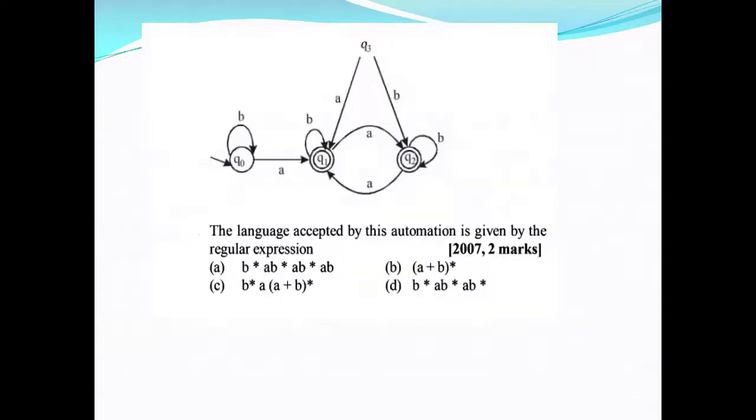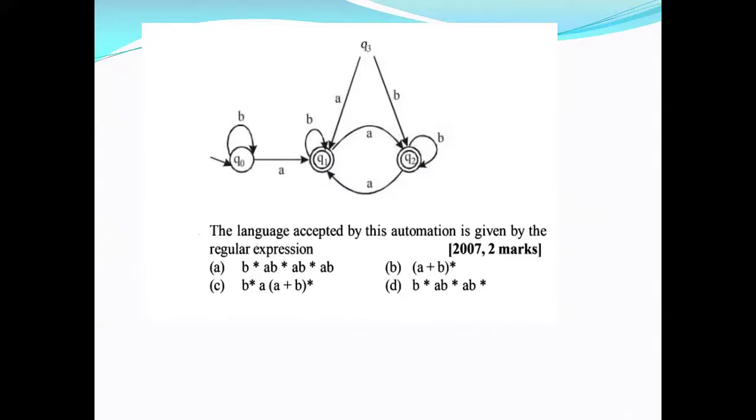Right? Next. The language accepted by this automaton is, if you want to do it, actually you have to go for Arden's theorem and make the substitutions and so on. If you don't get it by observation, you can do that.